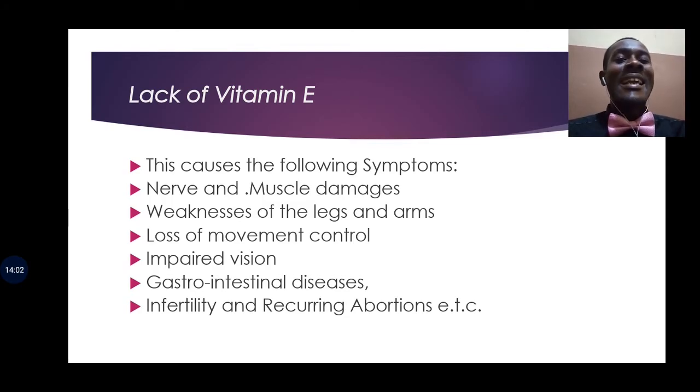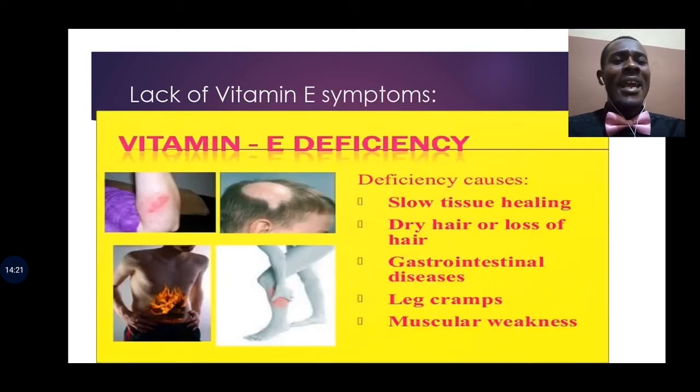And then another one is it can cause infertility, the inability of a woman to conceive. These things are the extreme measures that can occur in a human being, or in a woman per se, that is lacking vitamin E. Let's take a look at some of these symptoms.